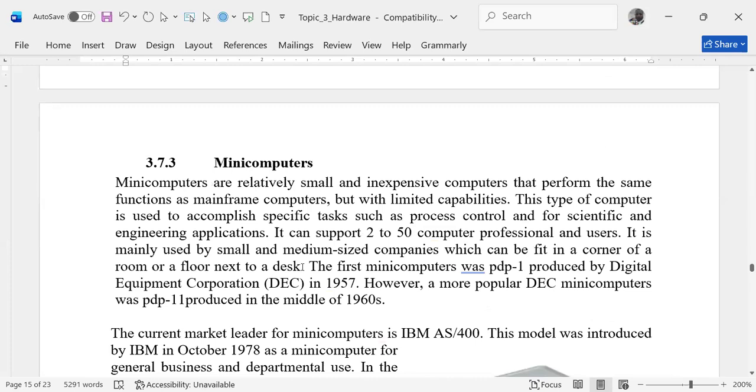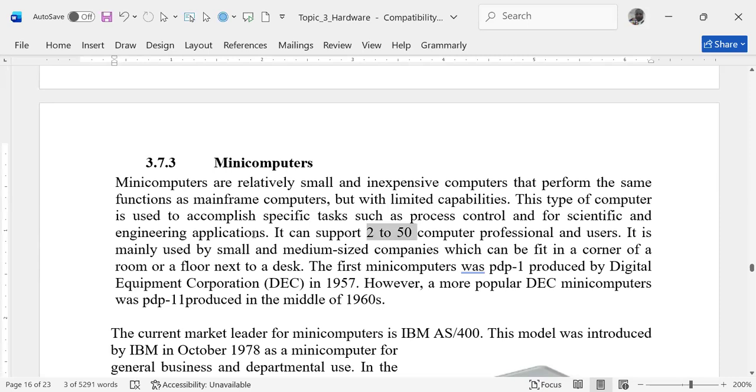Next to the mainframe is called mini. Though the name is minicomputer, that doesn't mean it is the smallest in the computer world. It's maintained normally at the corner of a room, and it supports 2 to 50 users at a time. Less powerful than the super or the mainframe.